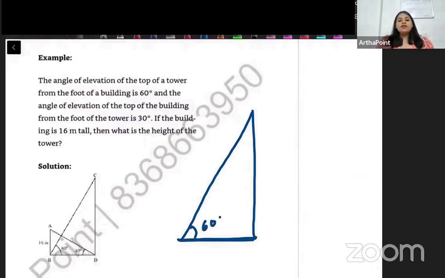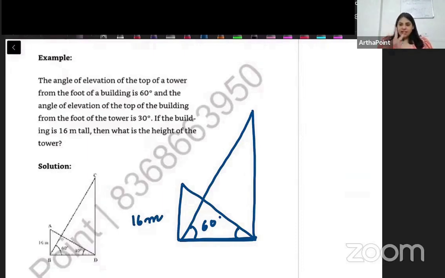And the angle of elevation of the top of the building from the foot of the tower is 30 degrees. So this is 30 degrees. If the building is 16 meter tall, this is 16 meter. Then what is the height of the tower?